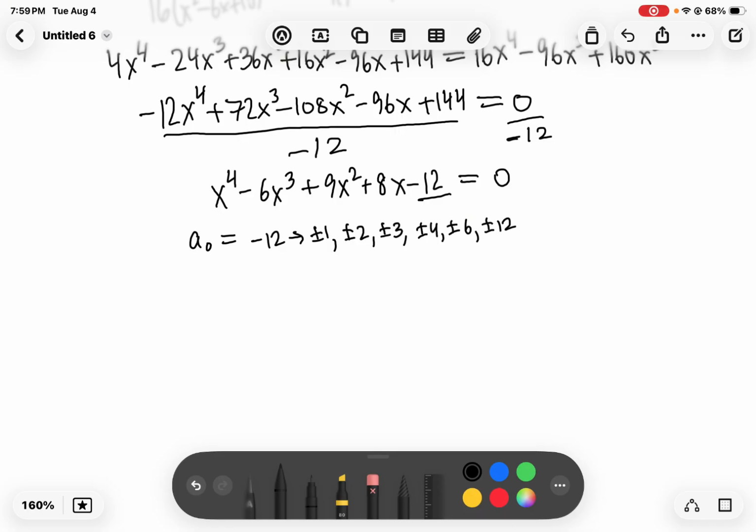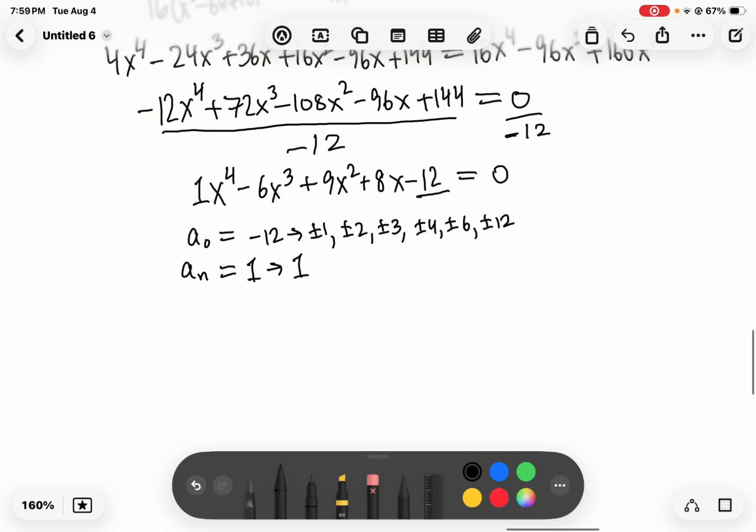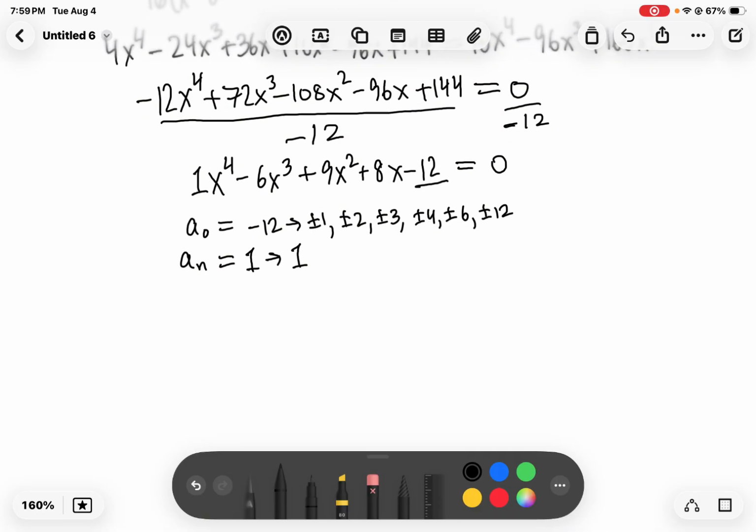All right. And then you find your leading coefficient, and in this case, that's just a 1. And so then the factors of 1 is just 1. All right. And so now you have to find the fraction a0 over an. Because an is just 1, this is simply just equal to a0. So we could just rewrite all our factors for negative 12 here.